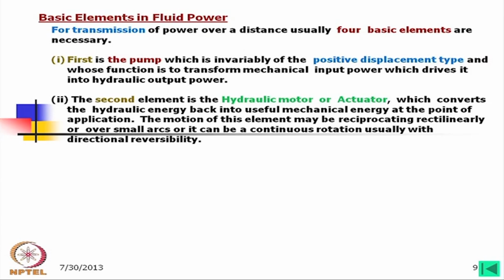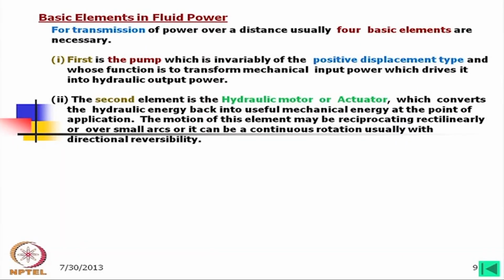Reciprocating, you can easily understand, is an actuator piston cylinder, and rotary you can understand, say vane type or piston type, that can be converted into rotary motion fully. But there are also actuators which give some motion, not a full rotation, but reciprocating in a curvilinear path.